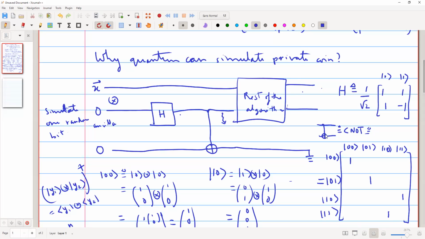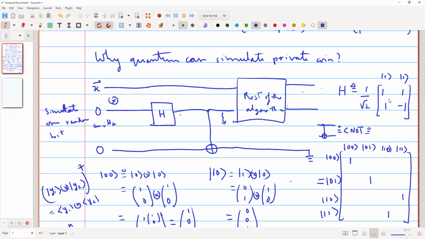If you look at the mathematics, it has equal amplitude on zero and one. If I put in ket 0 here, I get a uniform superposition of ket 0 and 1, with the same amplitudes. So the uniform randomness is coming from there.